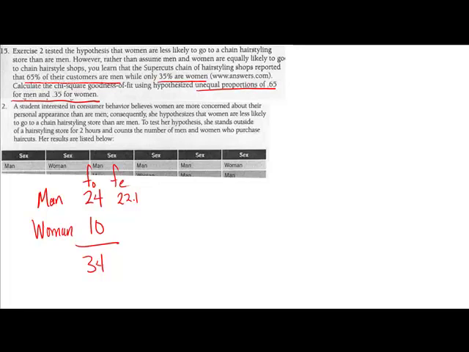And the other 35%, okay, that's what we would expect for women, 11.9. So let's go ahead and work through our chi-square. The next step is going to be to subtract them. Then after that, we're going to take the square. And then after that, we are going to divide them.